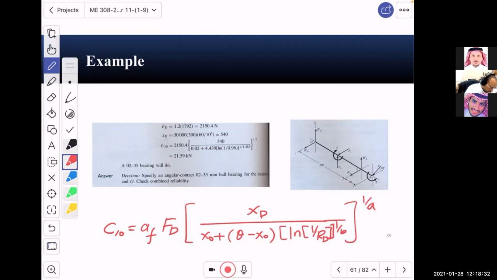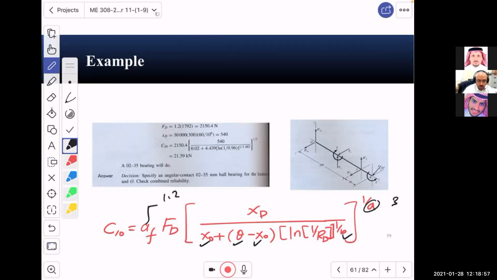So what is this? First, this one and this one are the Weibull distribution values. They are the same. We have only one set that was reported in the book. We'll keep using it again and again until otherwise stated. Then, what is a? This is a ball bearing, so it is a 3. What is AF?